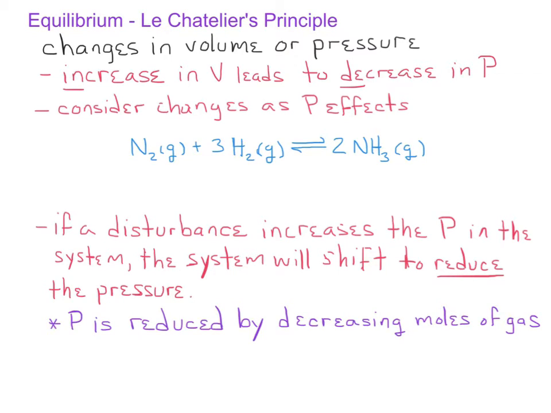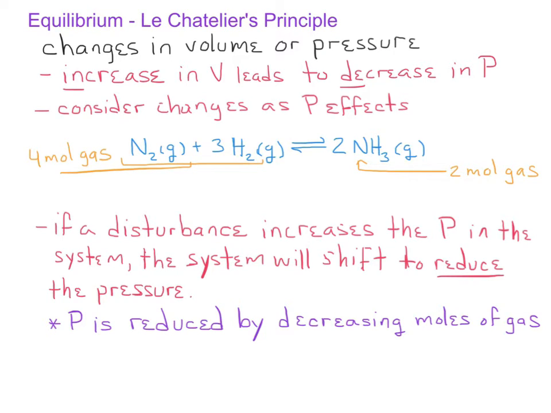Now, as you'll recall, when you learned about the gas laws, we can reduce the pressure of a system by decreasing the moles of gas in the system. Now, this little bit of knowledge can help us understand which direction a reaction will shift, and it's not always going to be the case that reactions will always shift to the left or right with a decrease in pressure or an increase in pressure.